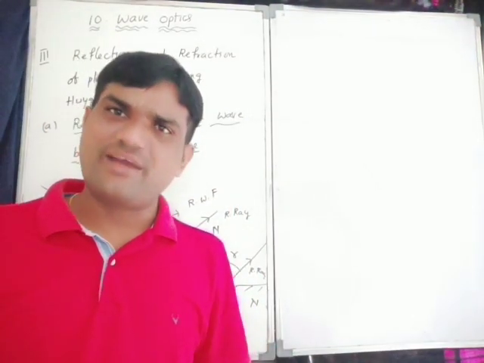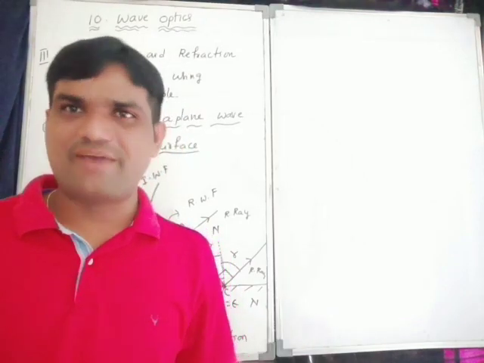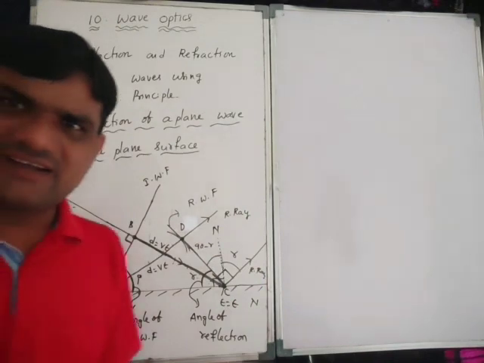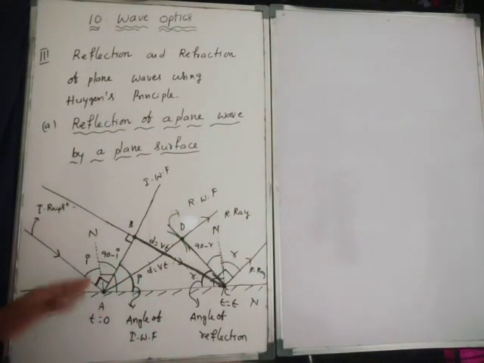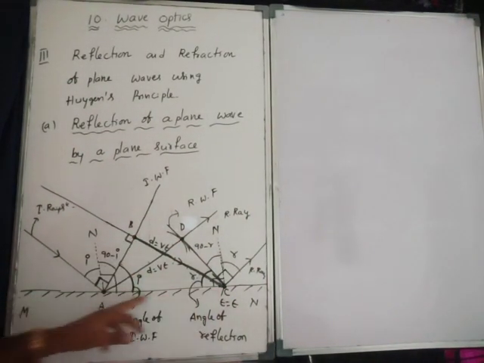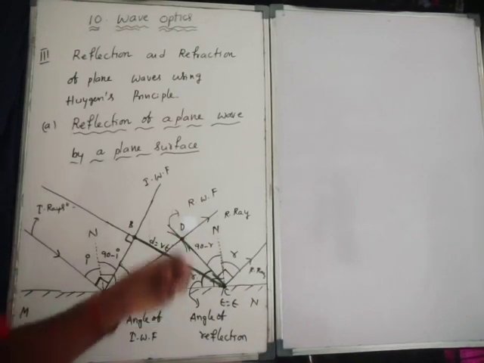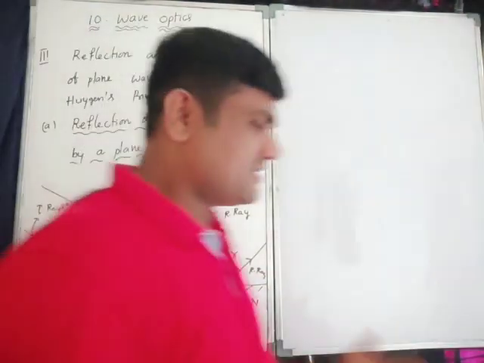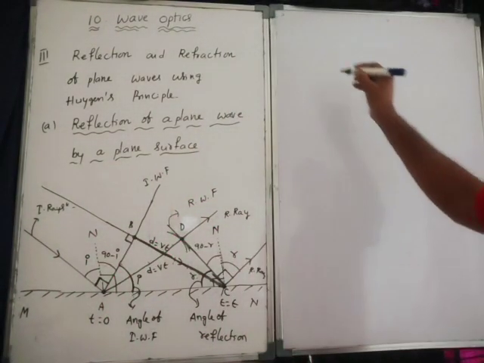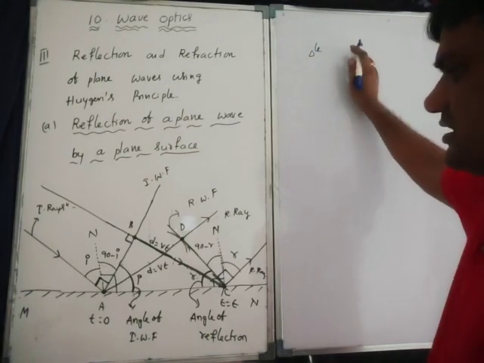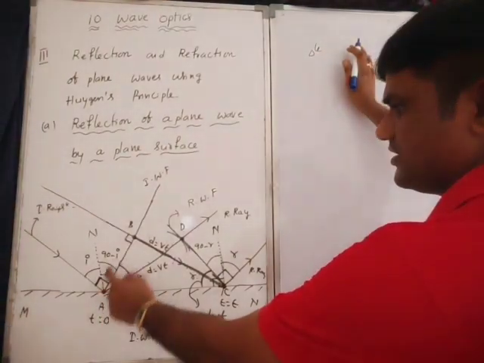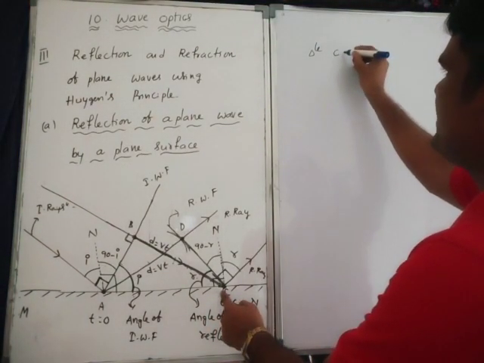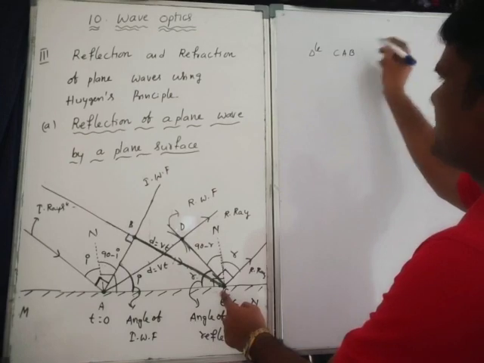Why, sir? Having the same distance means the velocity is the same, right? Because the medium is the same. Therefore this distance from here to here is the same, as well as from here to here. Now we can observe the diagram. Triangle ABC and triangle CAB.